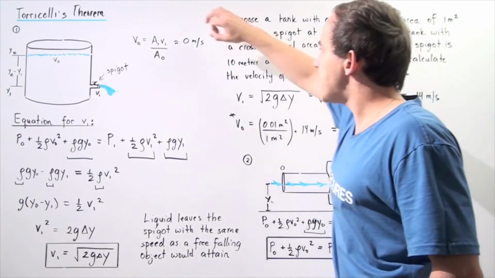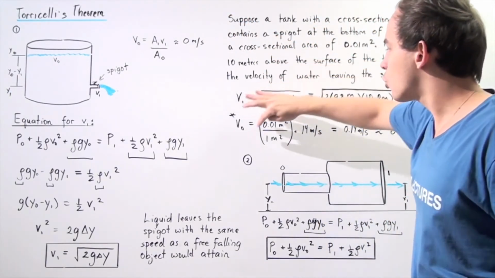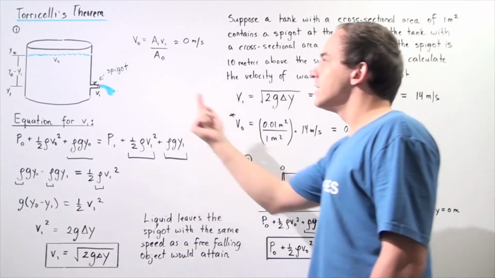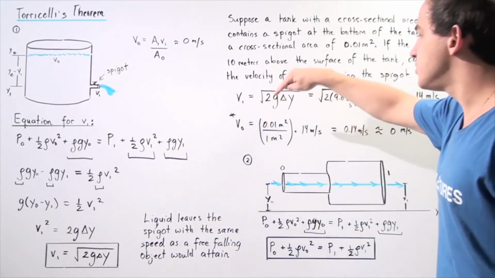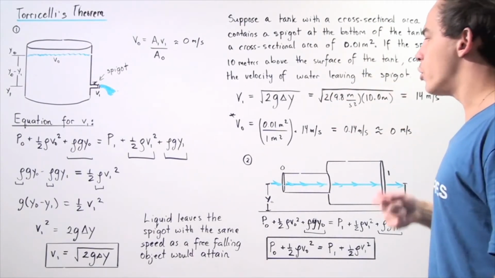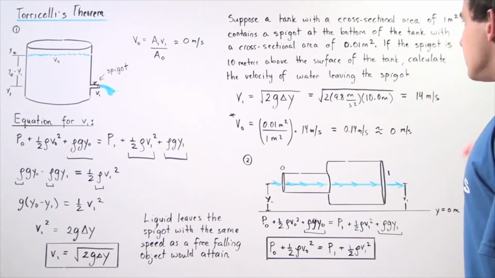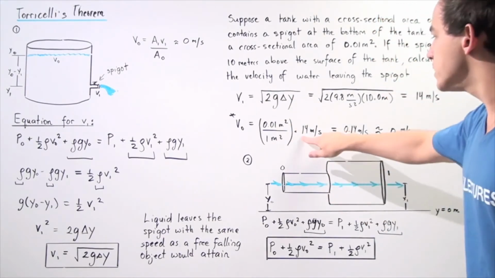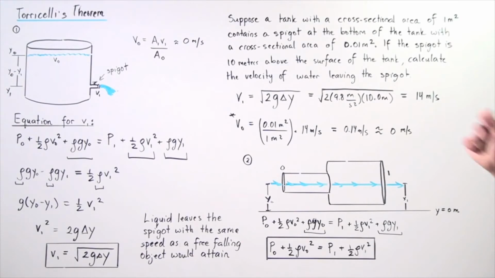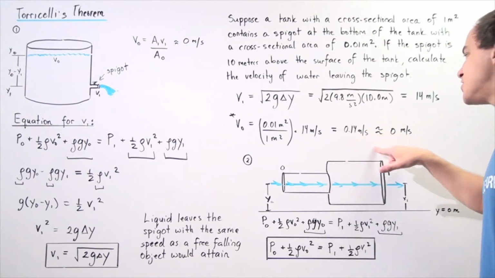So we have the ratio of the cross-sectional area of the spigot to the cross-sectional area of our container. So 0.01 meters squared to 1 meter squared. So that's 0.01, and we multiply 0.01 by the velocity of the fluid in the spigot, 14 meters per second, and we get a velocity of 0.14 meters per second.